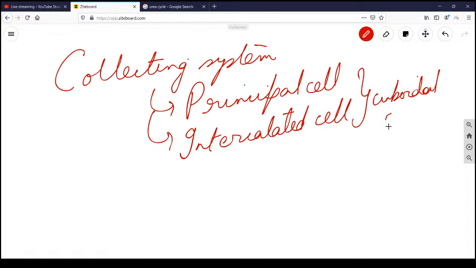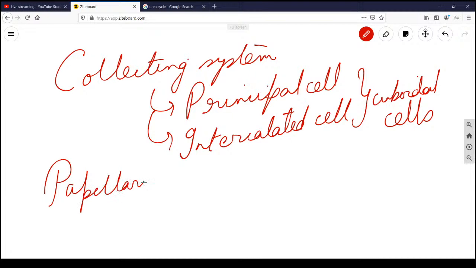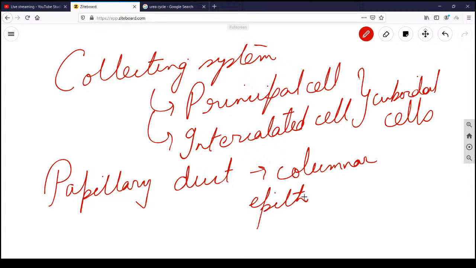And then we come to the end, the papillary duct, which has columnar epithelial cells. This collecting system is also known as late DCT in some old books.